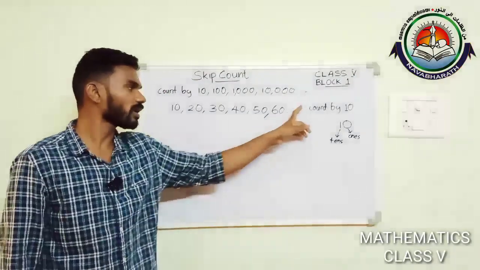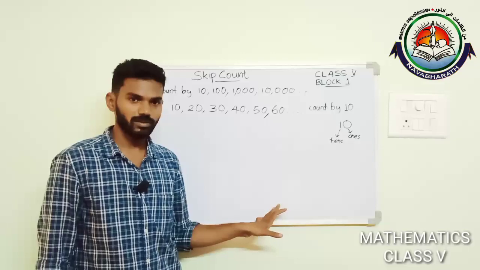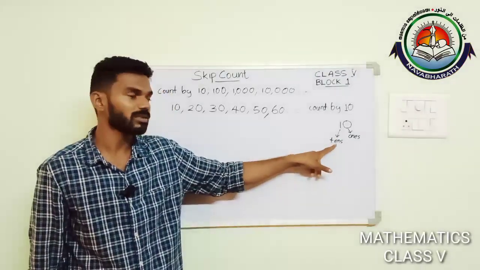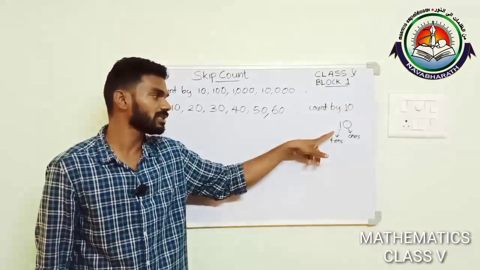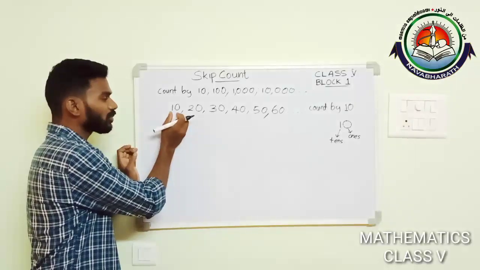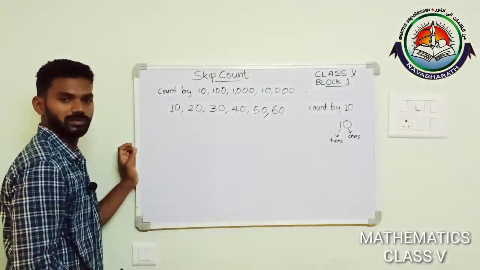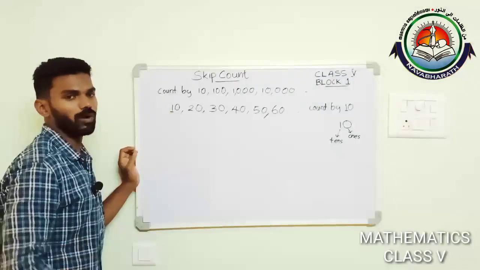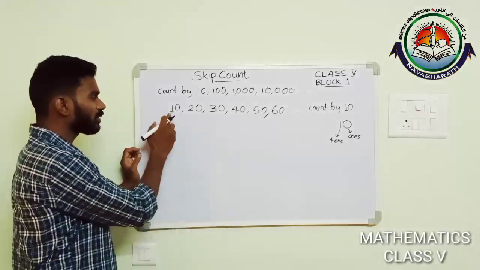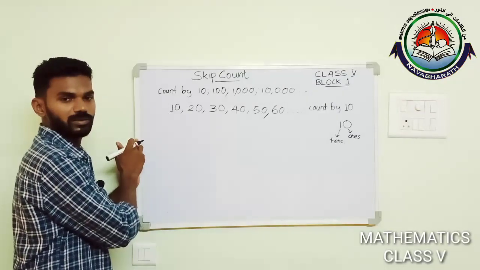So if you are having a count by 10, you only want to change the tens place. Look here. This is the number 10, and on the tens place there is 1. So for count by 10, you only have to change the tens place.